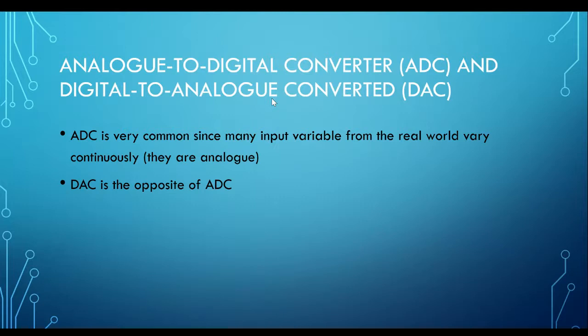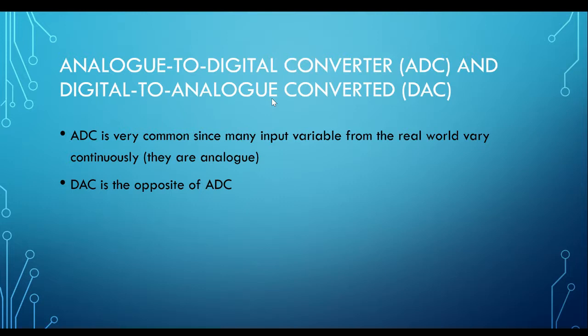So there are 256 steps, which means it's actually 8-bit. When it's 0.00 volts, the equivalent digital information would be 00. But if it's 5 volts, the digital information would be 11111111 or FF hex. So that is what we call an analog to digital converter.